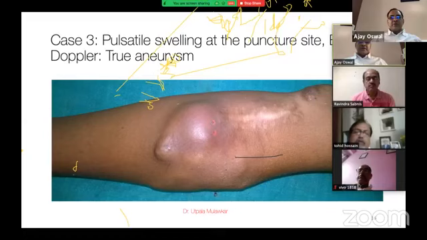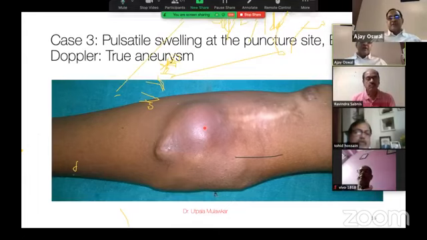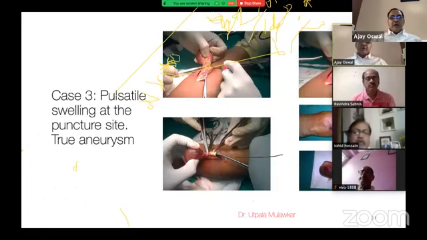What we had observed was the fistula was working. There was no ischemia to the distal limb, but there was redness, hotness, and this pulsatile swelling, which on each follow-up kept on increasing in size. Therefore, we did not observe. We operated upon him. We could identify the channel entering the aneurysm.